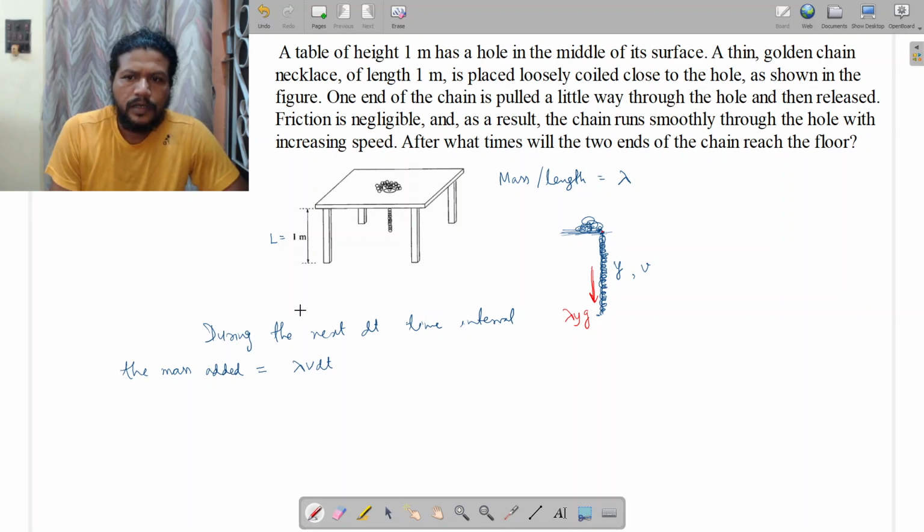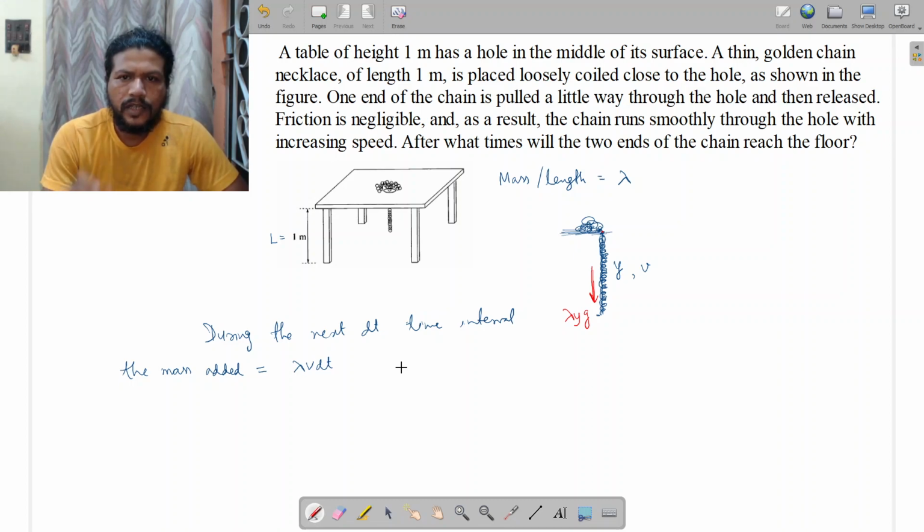Or conversely, consider this part which was at rest; it is abruptly brought into motion with a speed v, which implies momentum has abruptly increased. This impulse is coming from the falling part of the chain.